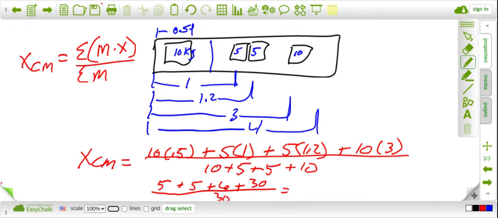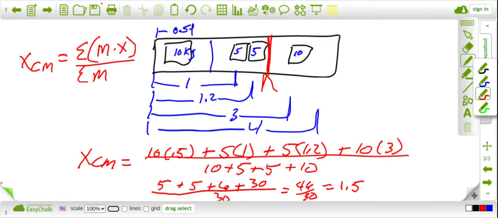So I get 46 over 30, and 46 divided by 30 gives us the center of mass at 1.53. So in a 4-meter board, the center of mass is located 1.53 meters from one end, and therefore it is located roughly 2.5 meters from the other. And so that creates where the center of mass is.